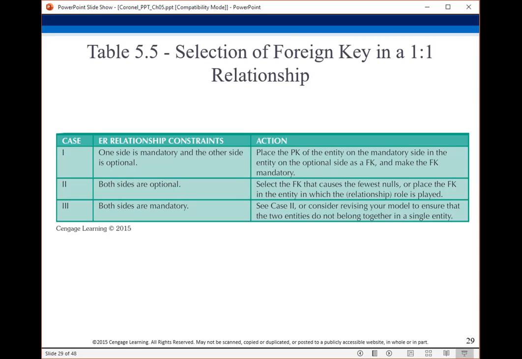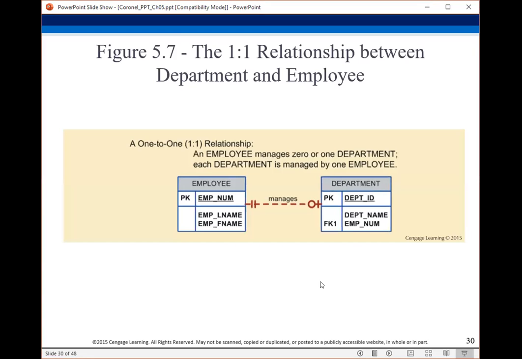So for example, we might consider something like the dean of a department. It might make sense to put the professor ID or employee number in the department table because each department record will have an employee that's the dean.